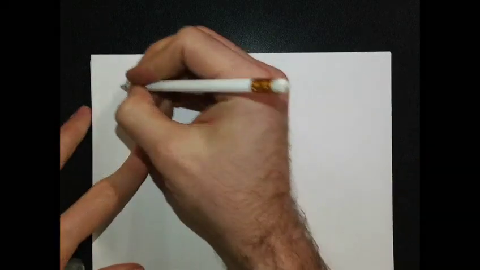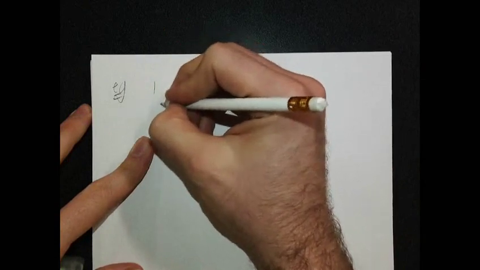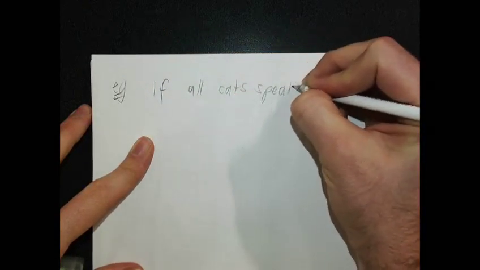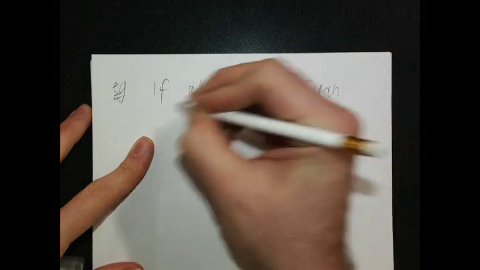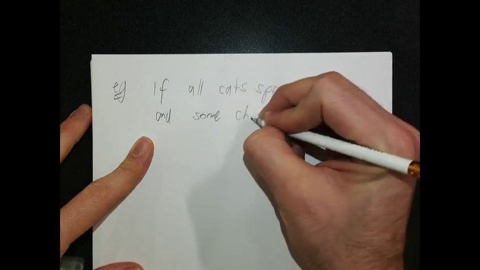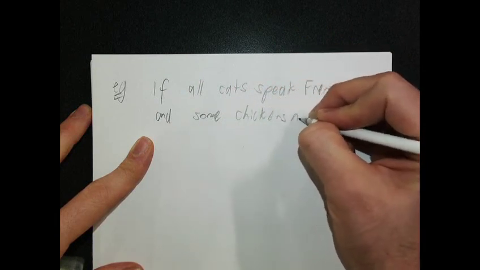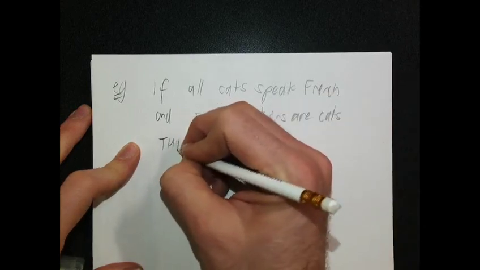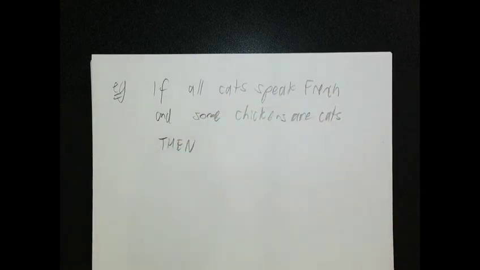Okay, this is just a valid argument. If all cats speak French and some chickens are cats, then logically it must be true that some chickens speak French.